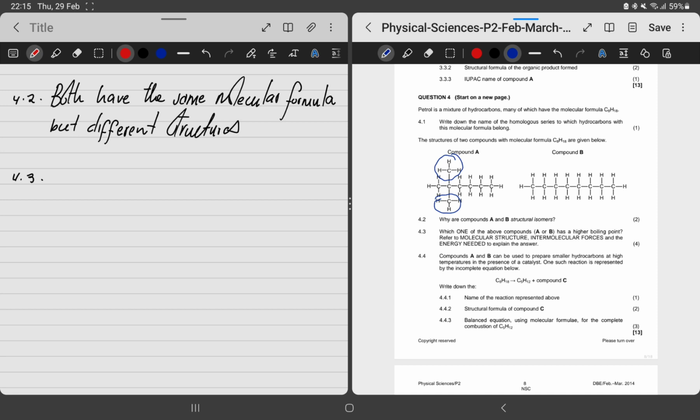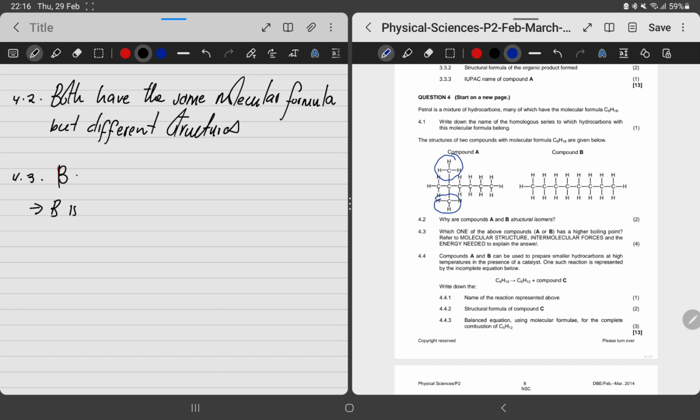Okay, so now let us explain. They say which one of the above compounds, A or B, has a higher boiling point. That, of course, is going to be compound B, because we are saying that the strength of the intermolecular forces of B is greater than that of A, because B has a larger what? Surface area. So this is going to be B. Now let us explain. First of all, we are going to refer to the molecular structure, right?